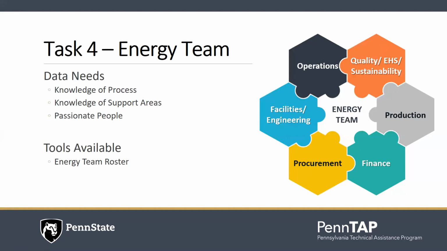And a real huge key is to get passionate people who will want to help you. The last thing you want is someone on the energy team always saying, no, none of us operators will ever change the way we work. You want someone who's passionate and ready to do those changes and help you move through the process.